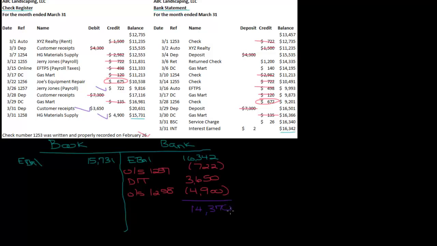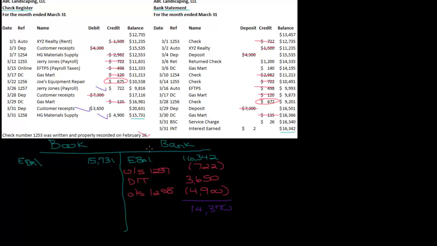My calculator popped off. 14,370. This is what we're hoping to get to when we do the book side, because in order to be reconciled, these two have to balance. Now let's go through and start recording items that appeared on the bank statement that have not appeared on our books. Let's go back to pink.